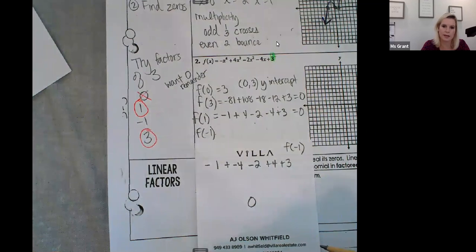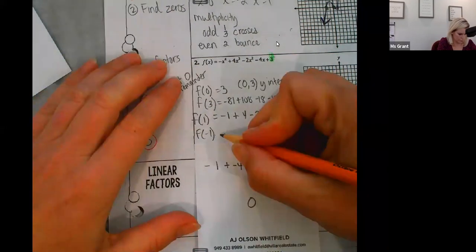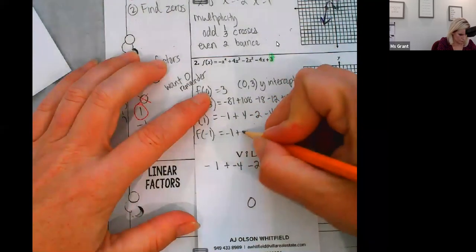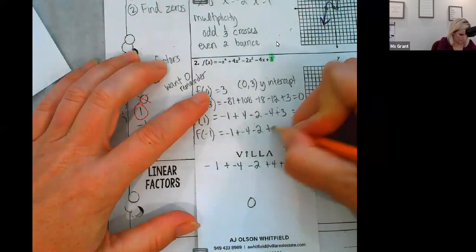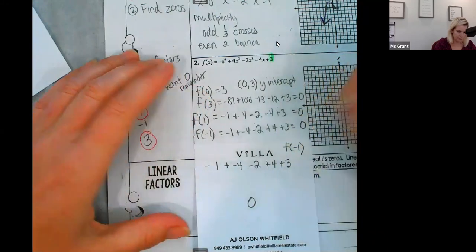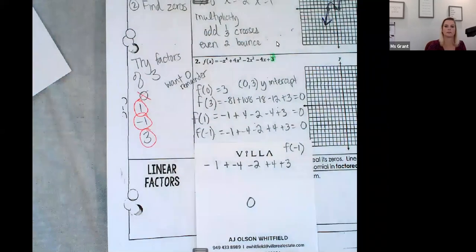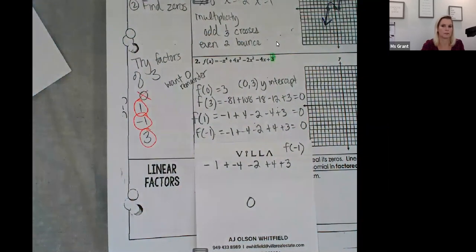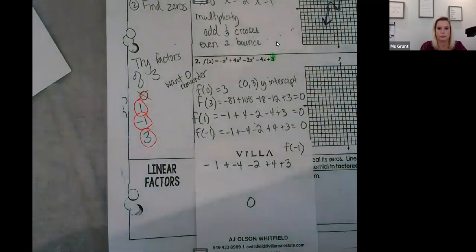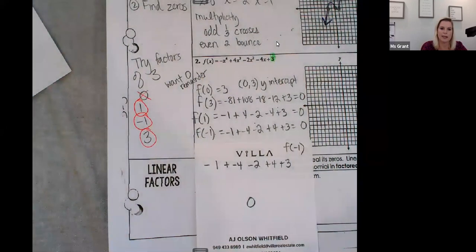Negative 1 plus negative 4 minus 2 plus 3 plus 4. So negative 1 is also a 0. Now, I found my 3 zeros.